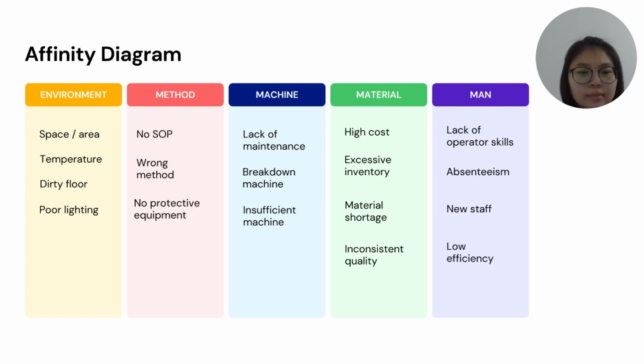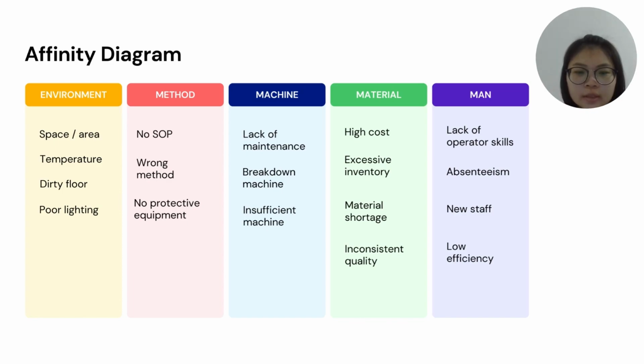changing customer demand. Changing customer need occurs because the environment in the company has lack of movement of the workers, temperature, and the floor, so that they find it difficult to increase productivity. Second is method, because of no protective equipment, no SOP, and the wrong method being implemented in the process.